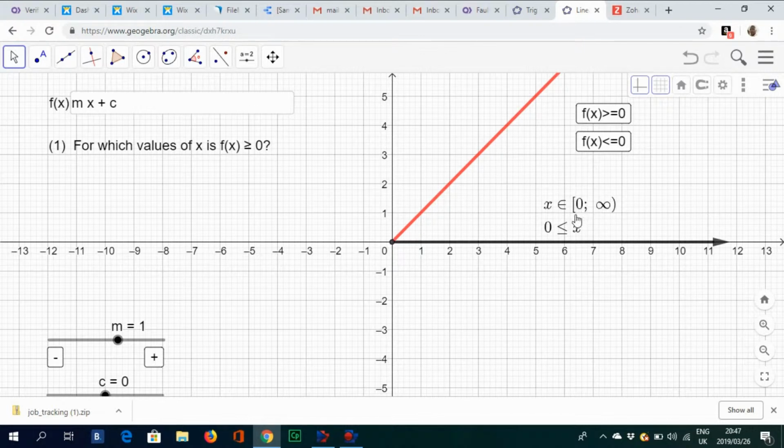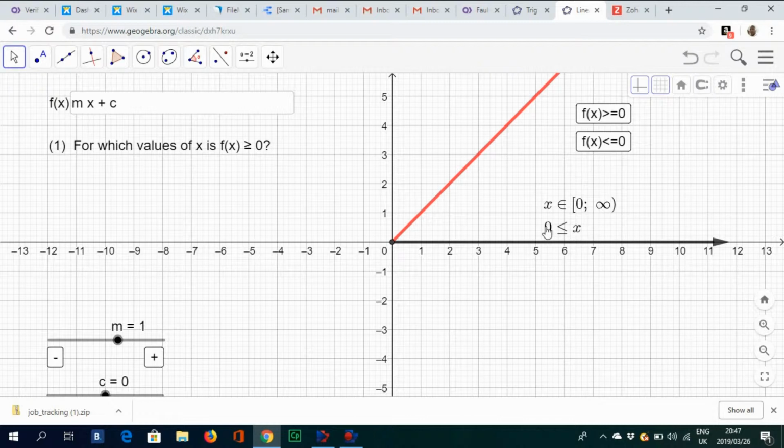But we could also write this in interval notation: x is an element of [0, ∞). Look at the square bracket showing that 0 is included, up to infinity, and look at the open bracket where it shows that infinity is not included, and generally this is the case with infinity all the time.